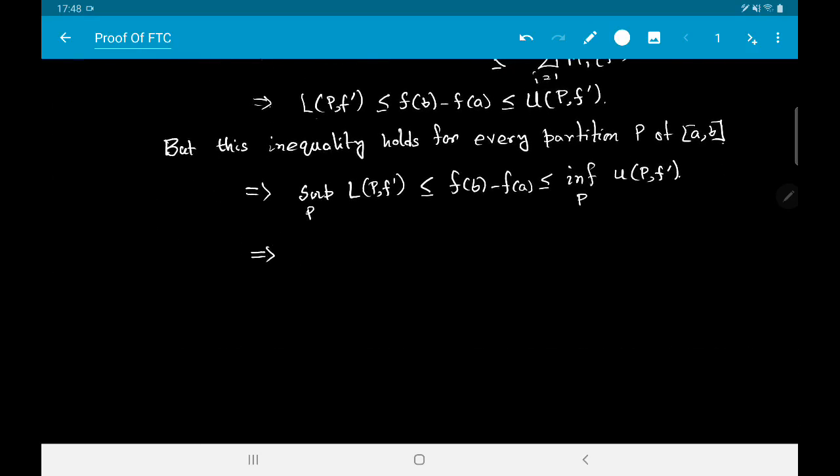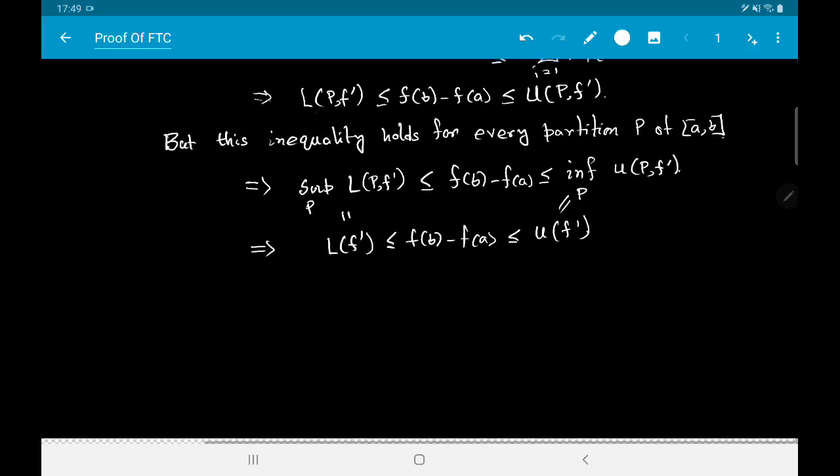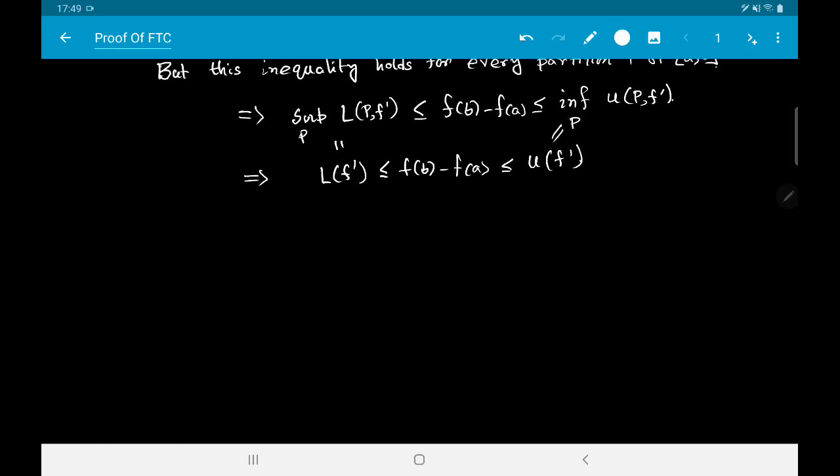But then this guy is nothing but LF prime. This is less than or equal to F(b) minus F(a), and this is less than or equal to UF prime. Now we allude to the obvious hypothesis that we are given, the fact that f prime is integrable.